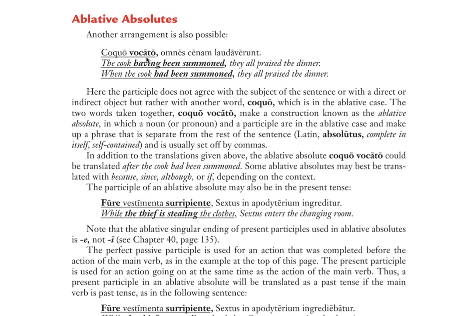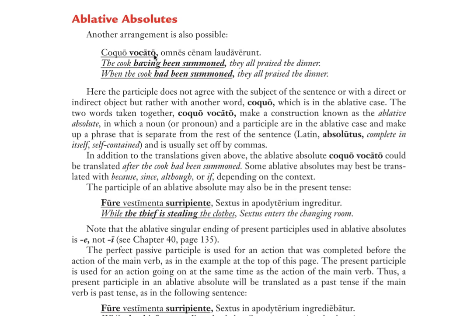So quoquo vocato, what is this comprised of? It's comprised of the cook, and it's comprised of that perfect passive participle, which is the 4th principal part of voco, vocare. In its native form, this would look like vocatus. If you have the principal parts of voco, vocare, it's voco, vocare, vocavi, vocatus. And that vocatus, as an -us -a -um adjective, which is what a participle is, can change its case to ablative.